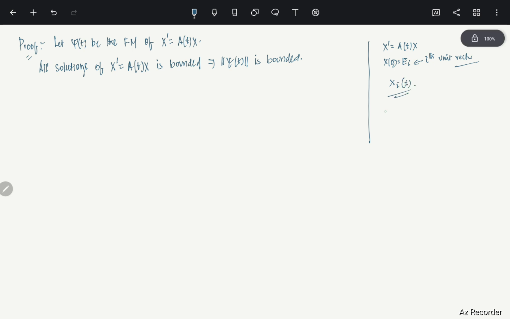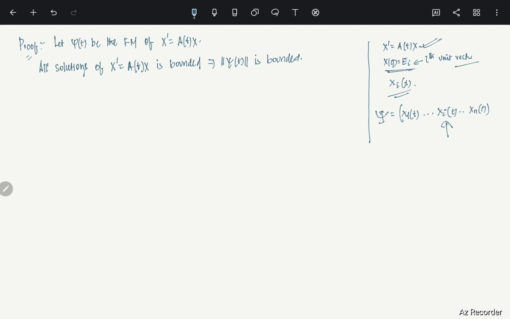Now, what is x? It is x_1(t), ..., x_i(t), ..., x_n(t). Sorry, not x, but the fundamental matrix phi. Now, all solutions of this system are bounded. So if I look at a solution which passes through the ith unit vector at t equals 0, that solution is also going to be bounded.